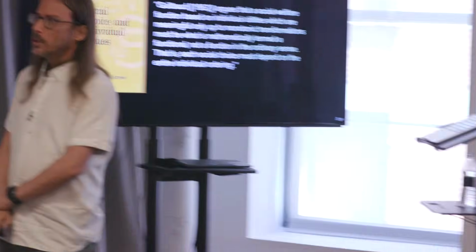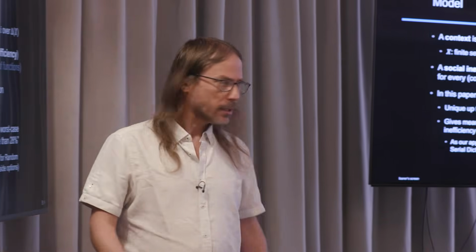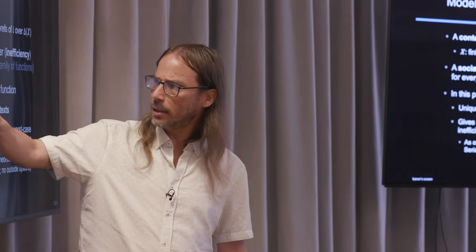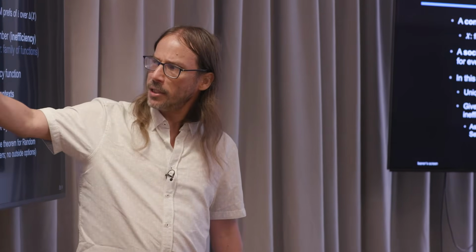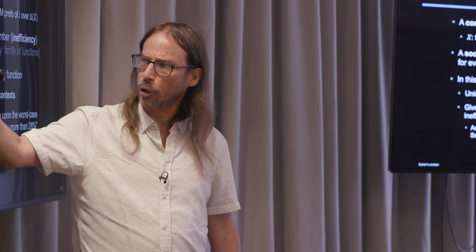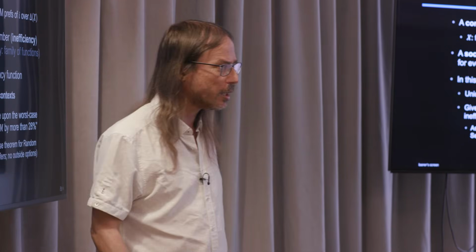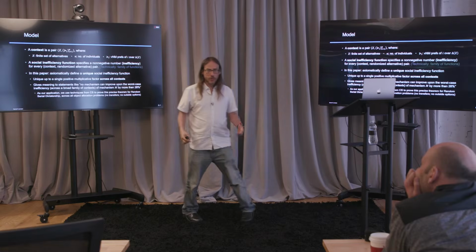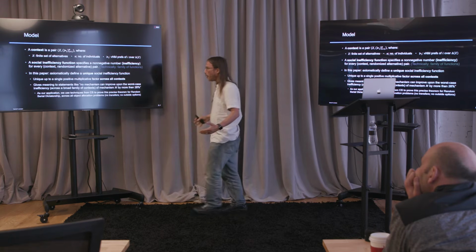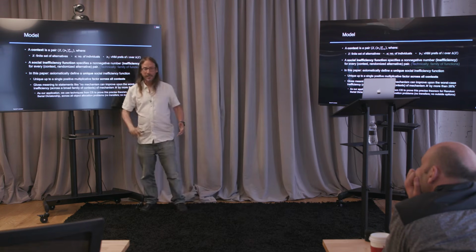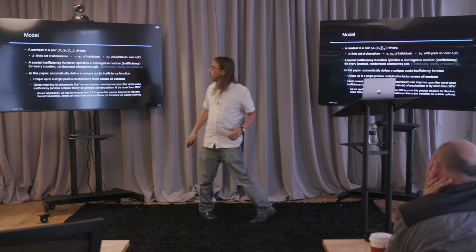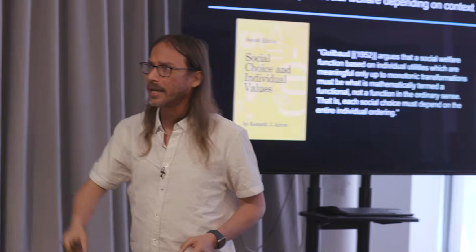So one thing that you might notice, which is a cousin of Tim's question, is that the inefficiency is not only of the alternative, it's of the alternative within the context. The context matters, which means that everyone's preferences over all alternatives, not only this one, matter. So again, here we can go back to 1963.